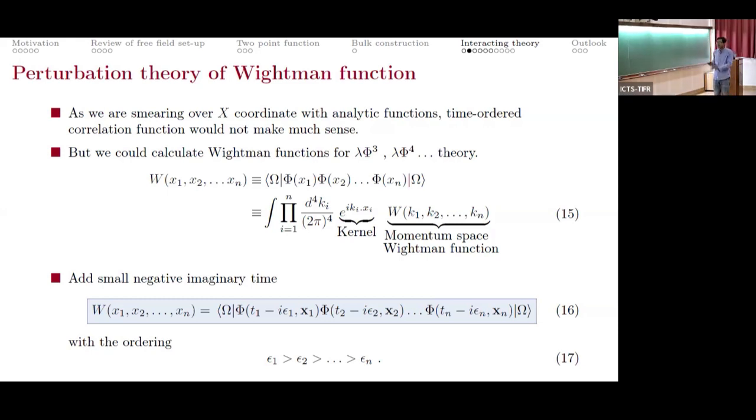There is no time ordering apparently, and this is just some operator ordering. So I just give you some operator like phi x1 through phi xn, and I say okay, just compute it. But there is some hidden time ordering in imaginary time. The real time has no ordering, but we order the imaginary times epsilon 1, epsilon 2 in a particular way.